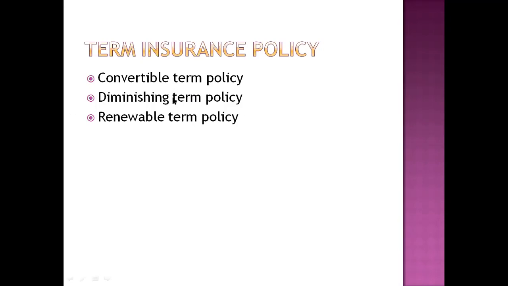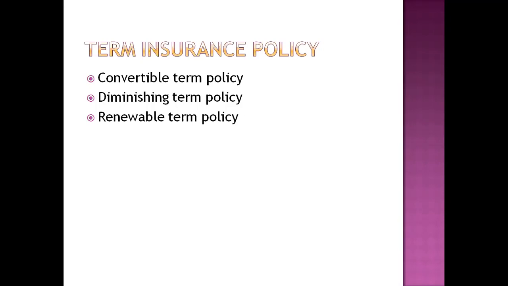Then we have the diminishing term policy. Diminishing term policy means an insurance policy mainly for loan transactions. A very important feature of this policy is that the policy money goes on diminishing year after year as the payment of premium is continued.